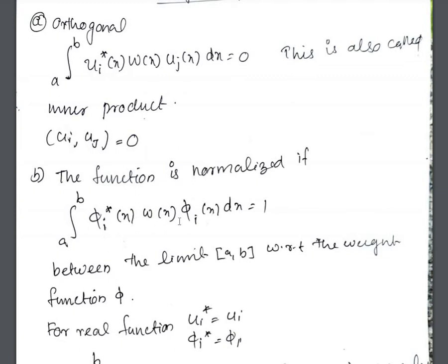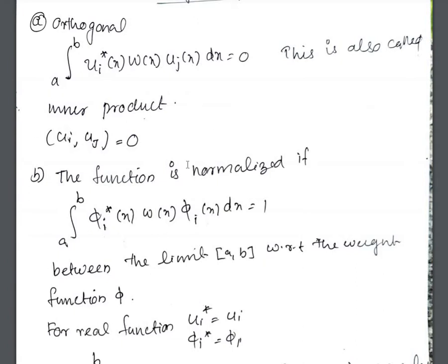Here phi i is a normalized function. Its norm is equal to 1. This is between the limits a to b with respect to the weight function w.